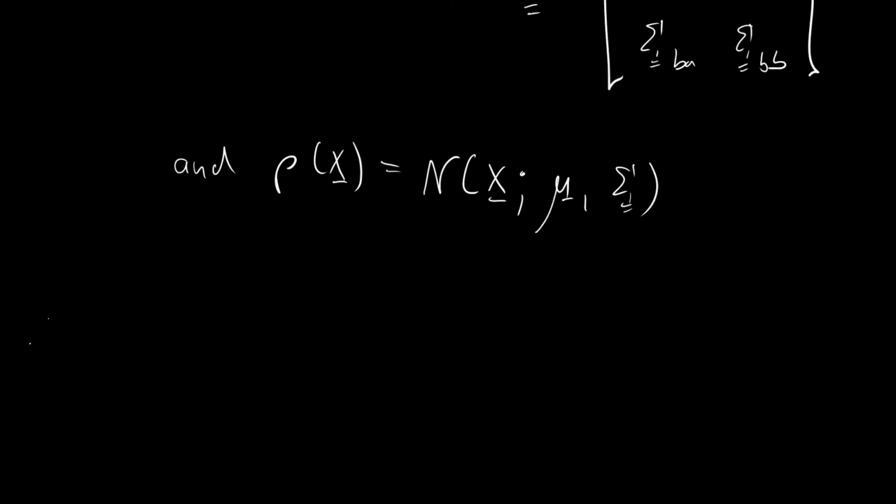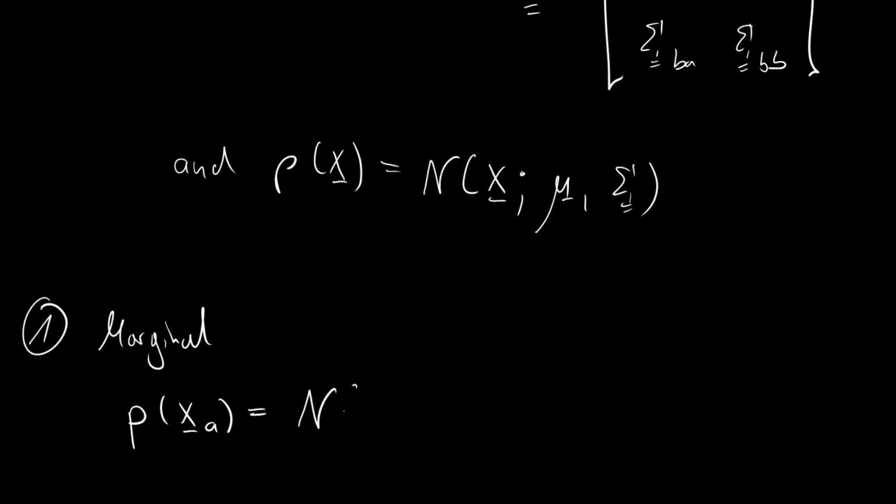And then we first found the marginal P of XA as the normal distribution over XA with mu A and sigma AA, and similarly for XB.